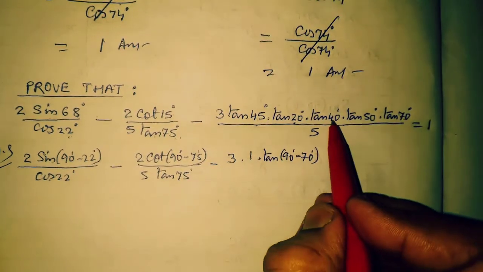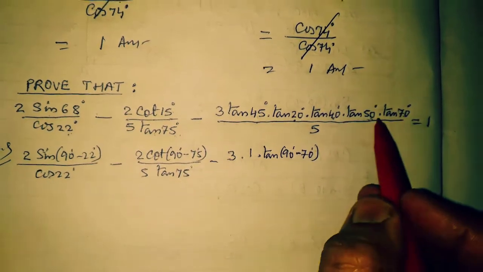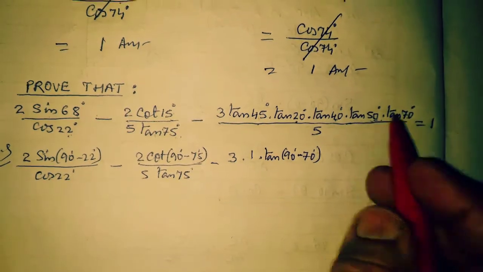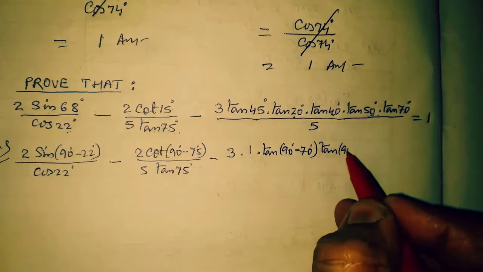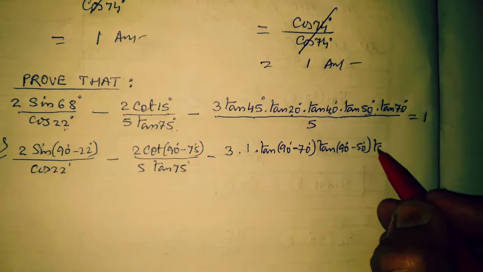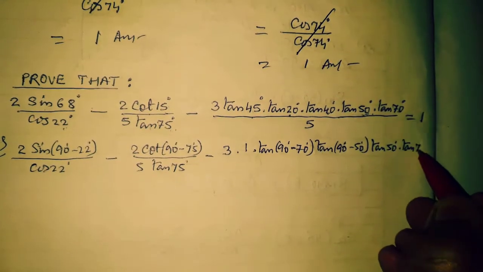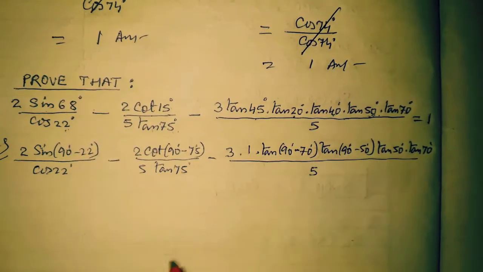Similarly, tan 40 degree and tan 50 degree are given over here. So 40 degree plus 50 degree is how much? 90 degree. Either convert 40 degree or 50 degree. So I'll convert tan 40 degree, it is tan 90 minus 50, and the rest of the part you write tan 50 degree and tan 70 degree. Clear, student? This whole divided by 5.